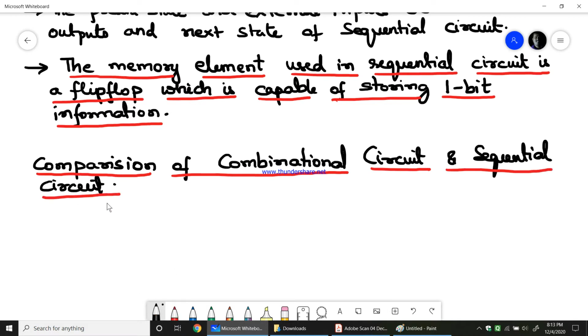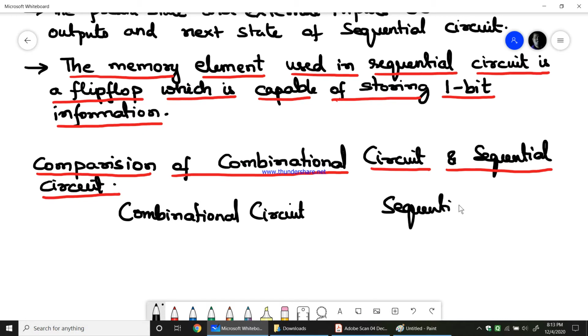Let us make two columns: in the first heading I will write combinational circuit, and here I will write sequential circuit. Now, what is the first difference that we come across?